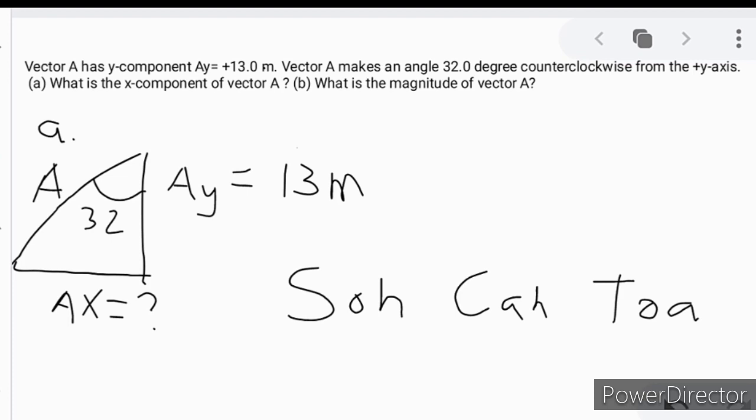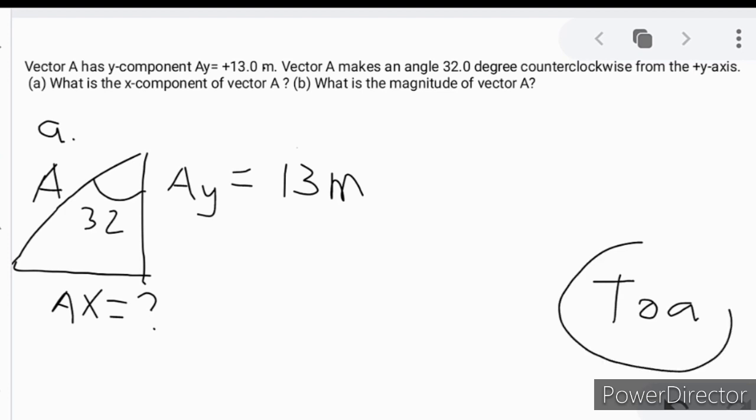As you can see, if we use sine, there's a given opposite which is A sub x, and hypotenuse which is A, but there's no value of A, so sine is not involved. Also cosine, because there's no value of hypotenuse again. So the correct equation for that is the TOA, which is tangent equals opposite over adjacent.